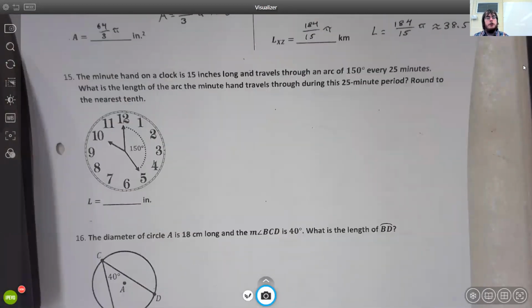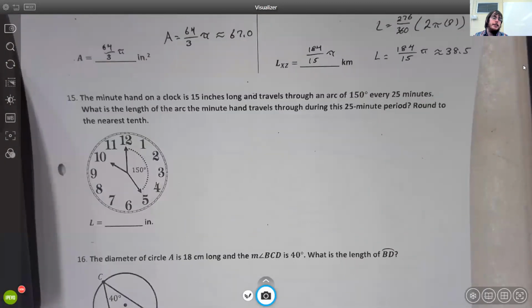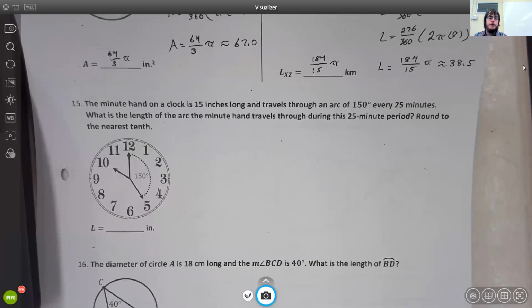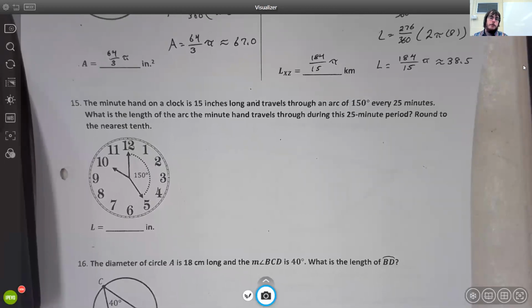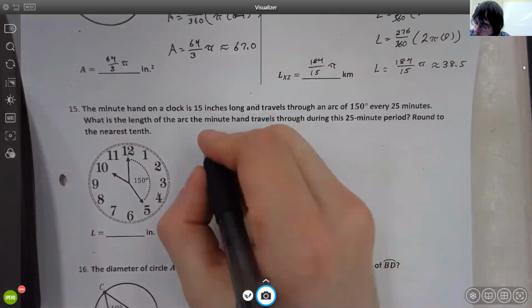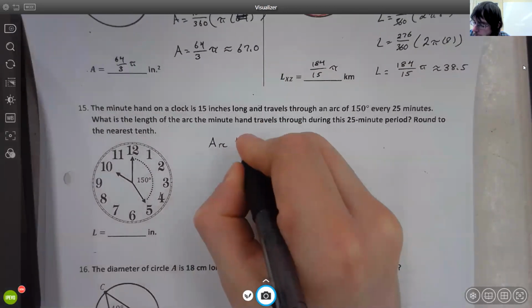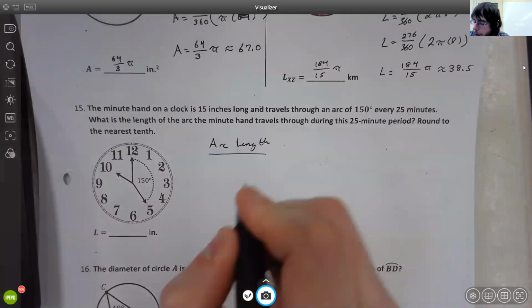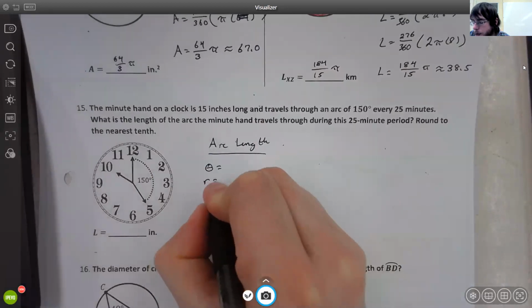All right, number 15. Number 15 says the minute hand on a clock is 15 inches long and travels through an arc of 150 degrees every 25 minutes. What is the length of the arc the minute hand travels during this 25-minute period? Round to the nearest tenth. So we're looking for arc length, which means that we need to know our theta and our radius.